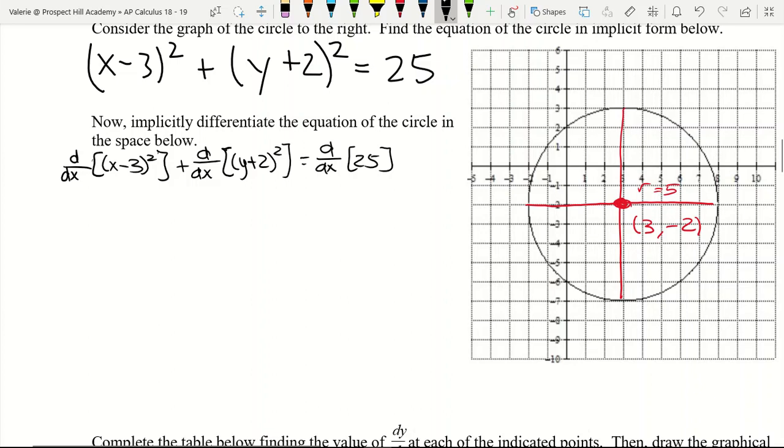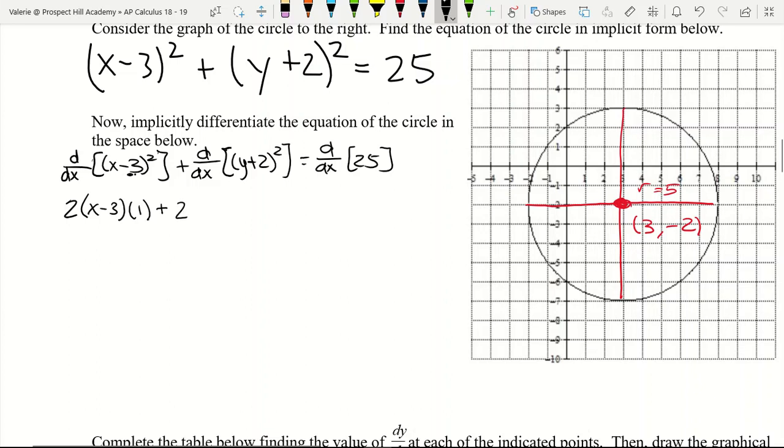If you look very closely, these are all chain rule problems, the first and second term. So the inside of my chain rule is x minus 3, and the outside is x squared. So the derivative of x squared we know is 2x, so we have 2(x minus 3), and the derivative of x minus 3 is just 1. We're going to add to that, again, another chain rule problem.